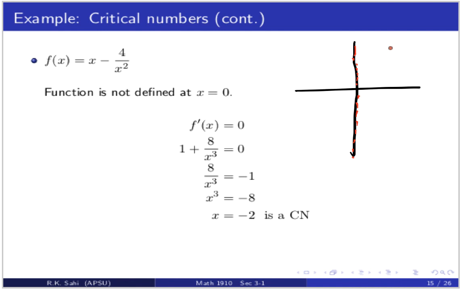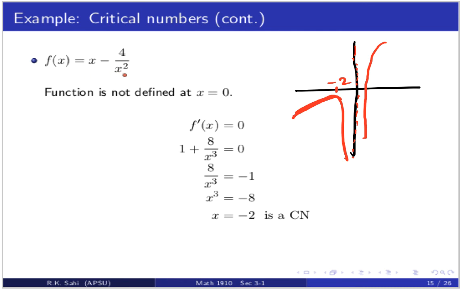And the graph goes like this, in some way like that. And this point is minus 2, by the way. You can see a nice little valley here. So clearly the function is not defined at x equal to 0. That's basically our vertical asymptote.